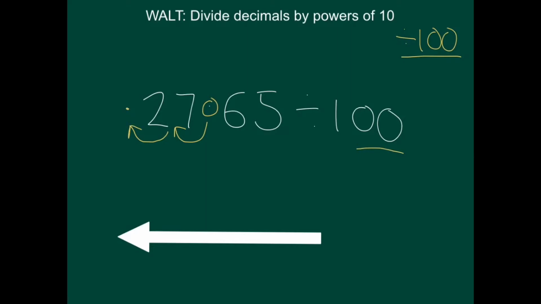So that means we'll put a little placeholder for our 0, and that must mean our final answer equals 0.2765.